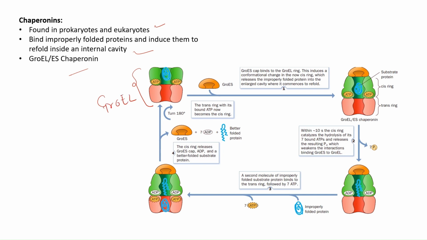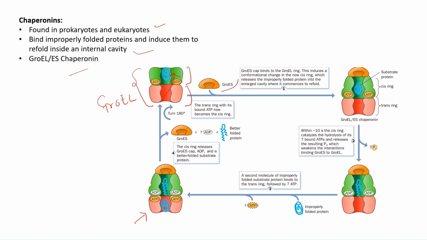It has two chambers: one is known as the cis ring, and one is known as the trans ring. The unfolded protein will first enter the trans ring along with ATP molecules. From here, the unfolded protein as well as the ATP get shifted to the cis ring.